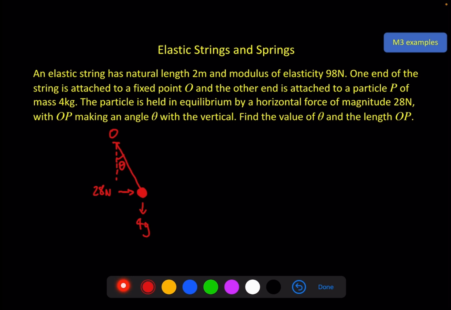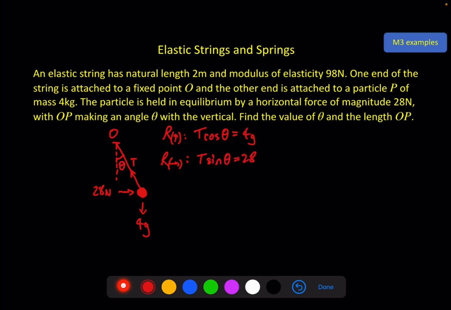Considering our forces as usual, we've got the tension in the string here, and then we can resolve horizontally and vertically. It's in equilibrium, so resolving vertically, we've got T cos theta is equal to 4g, and resolving horizontally, T sine theta must equal 28 newtons.